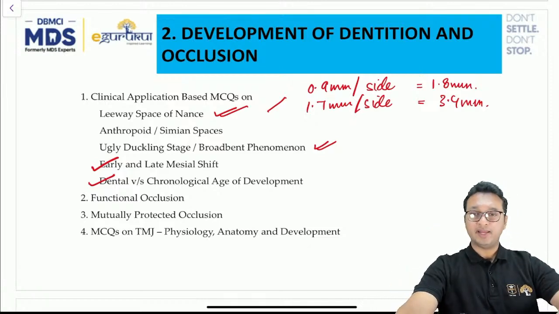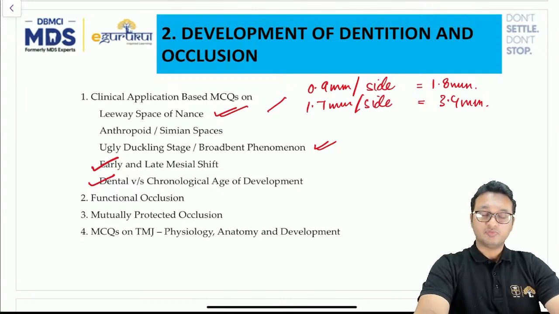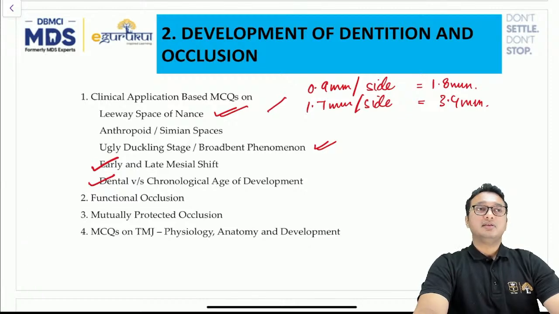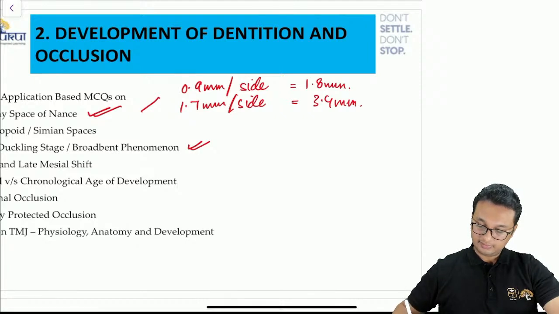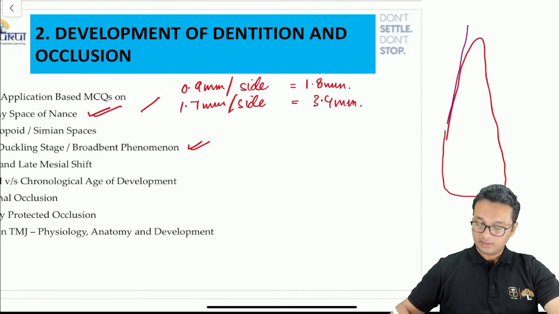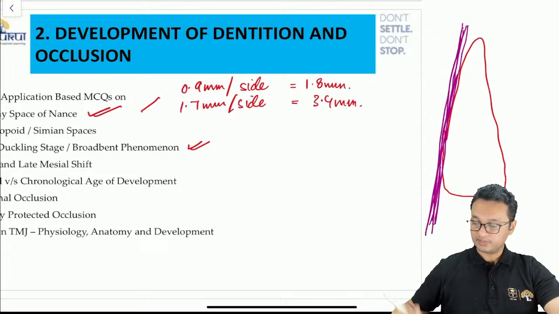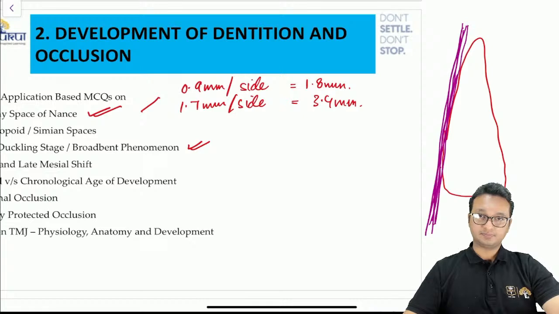Now the theory goes behind this. There's something called the eruption guidance theory, which was given by Stella Chauchu and Adrian Becker. So what does this say? This theory says that the distal surface, let me draw a diagram. This is the lateral incisor. It says that the distal surface of the lateral incisor forms a guide plane which guides the proper eruption of the maxillary canine.